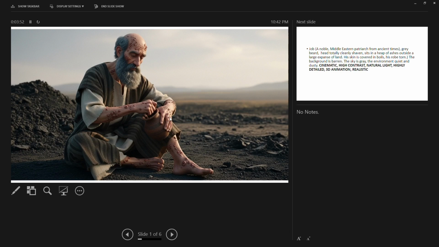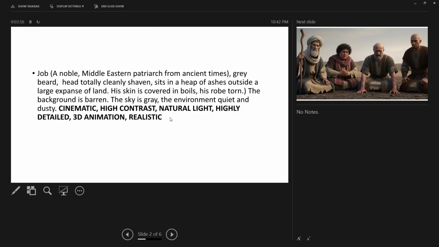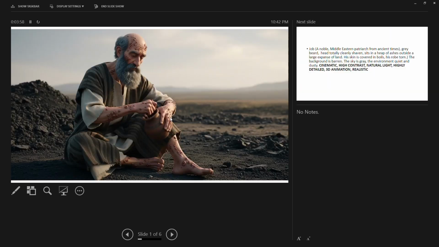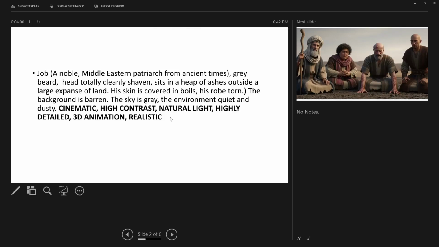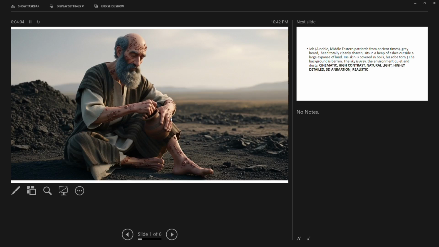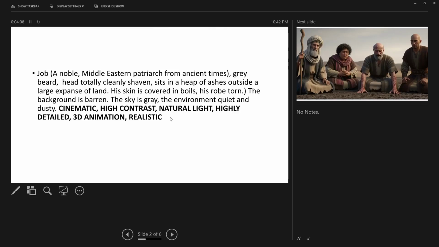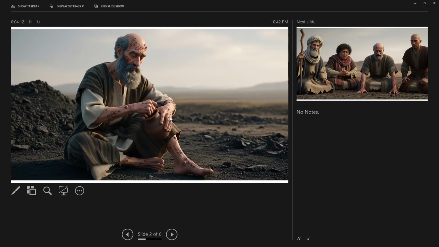And then gray beard right there. Head totally cleanly shaven, as you can see. Sits in a heap of ashes outside a large expanse of land. As you can see, heap of ashes.